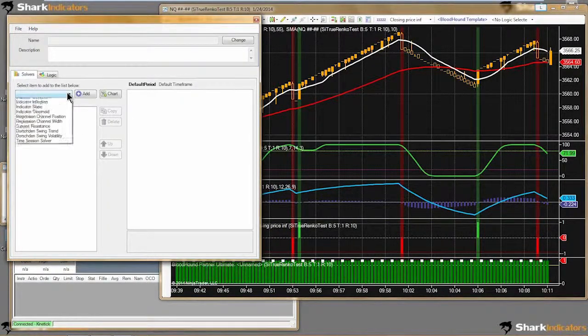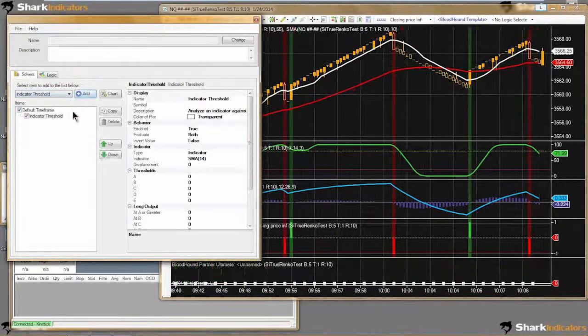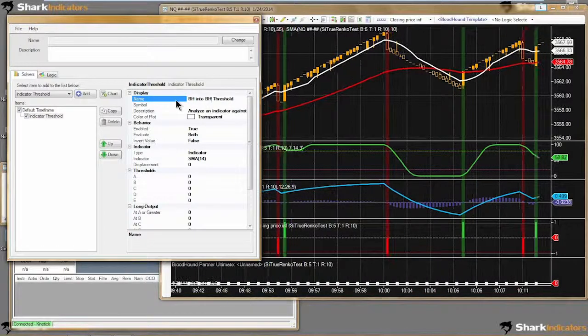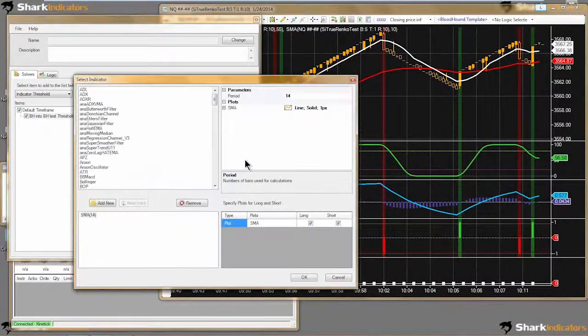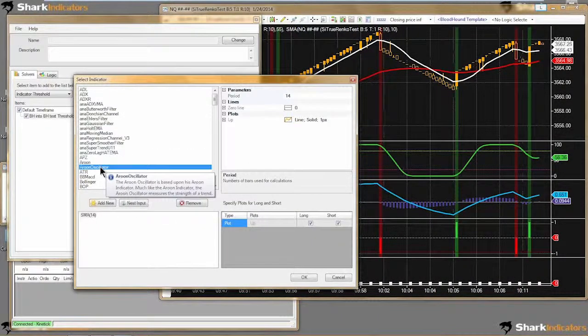So actually, I'll just keep it simple and work on the solver tab. Now I'll drop the threshold solver down here. Give this a name. Alright, I'm going to change that indicator over to BloodHound.